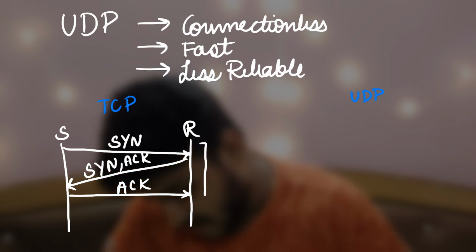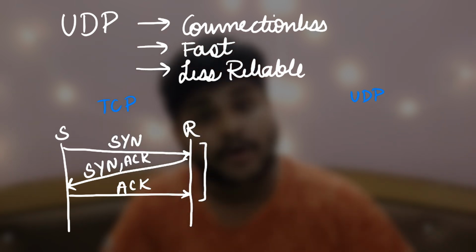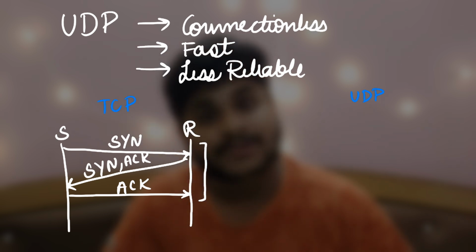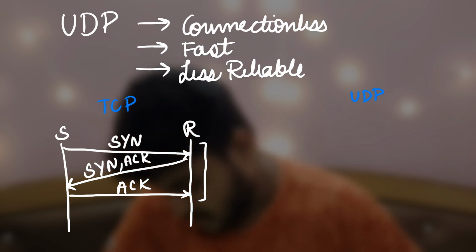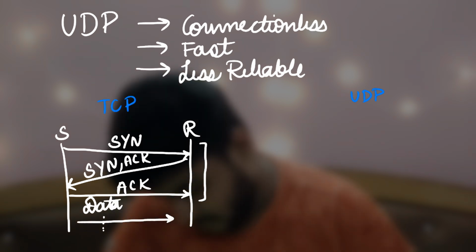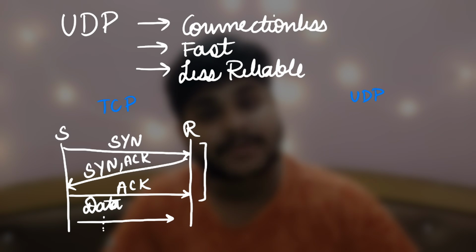Now, this formal communication is also known as the connection building process. This is the connection that is actually being built between the sender and the receiver. This connection building process is also known as the three-way handshake. After that only the data is sent. In the case of UDP, what happens?